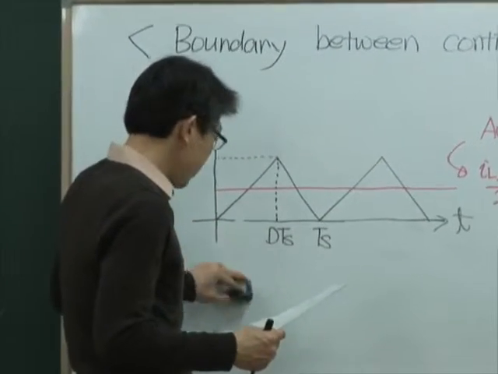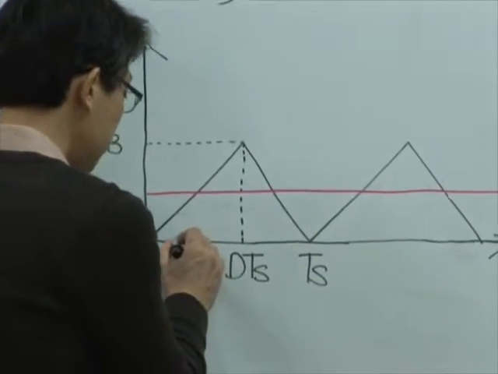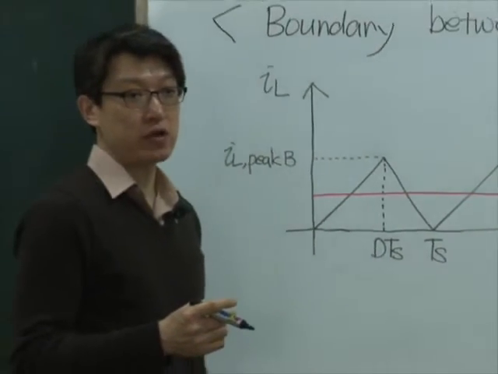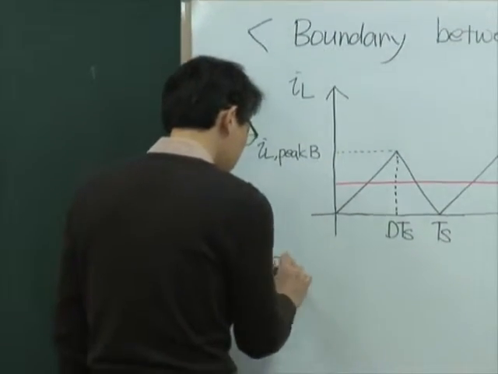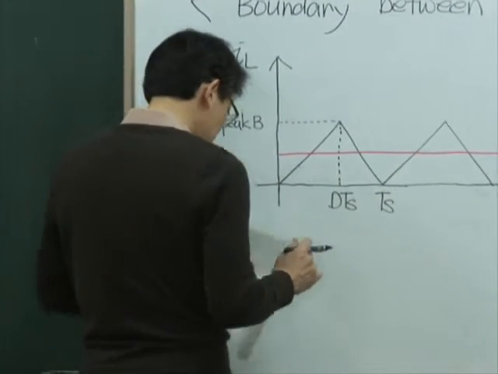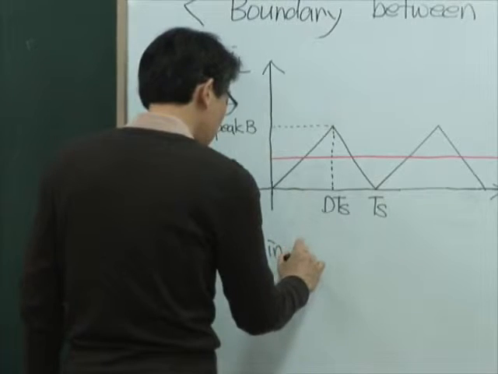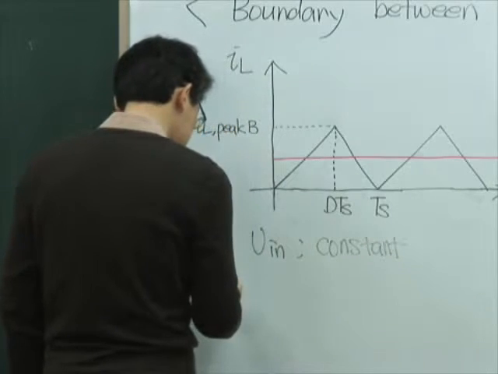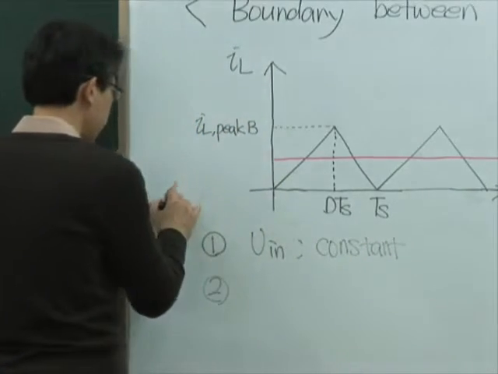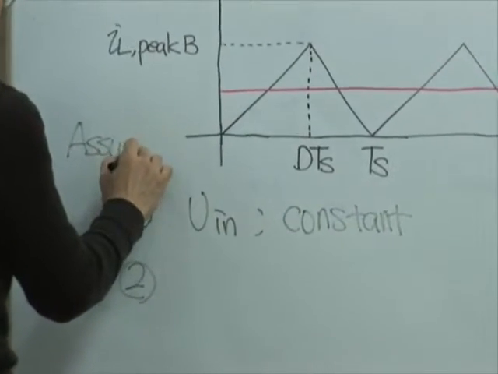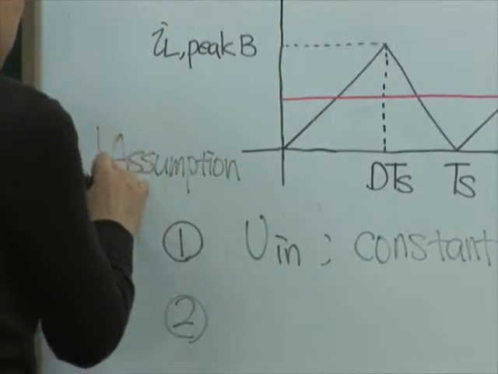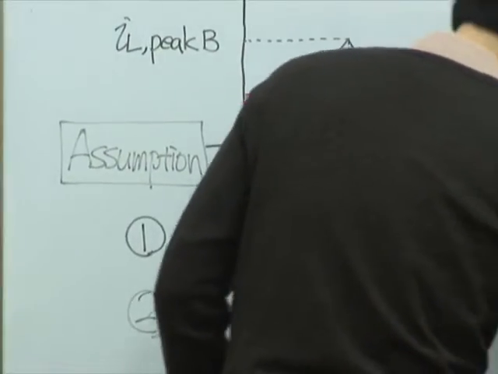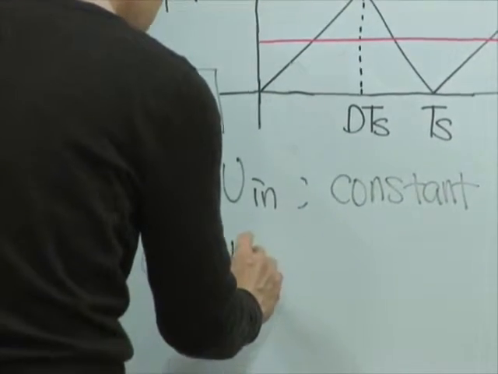Let's take a look at this waveform as we vary the load. Now, before we do this, let's make certain assumptions. First one is we have input constant. 자, 가정을 한번 해봅시다. Input voltage is constant and output voltage is constant.